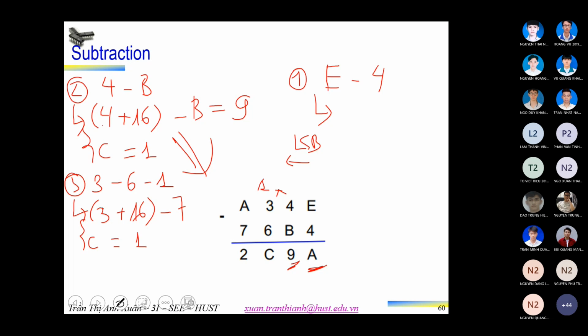And the difference here is equal to 12. 12 in decimal converts to the hexa number corresponding to the C character. We write C here, and the borrow bit we write here, and finally we do A minus 7 minus 1, and so the difference here is 2. So that is the final result.